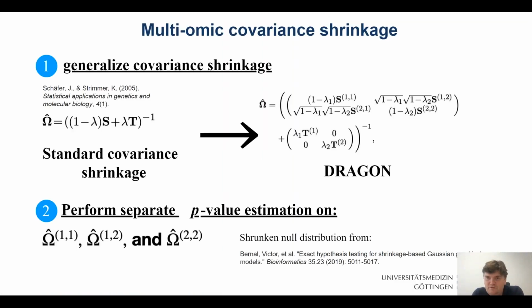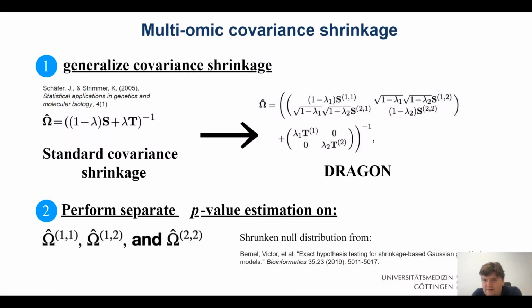The method computationally looks like this. I will not explain too many details about how DRAGON works, but at least I would like to mention 2 publications which were really important for developing DRAGON. That's here the Schäfer and Strimmer paper from 2005, which introduced covariance shrinkage as a method to estimate partial correlations for high-dimensional omics data.